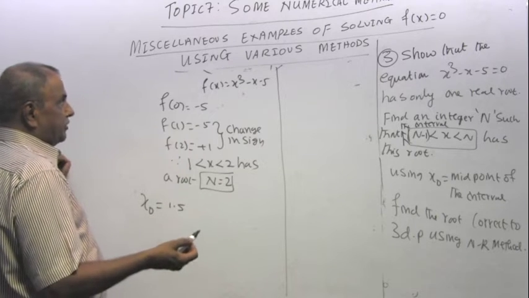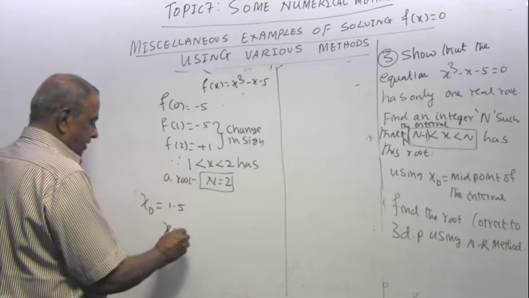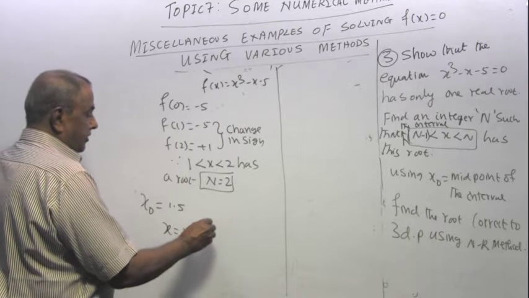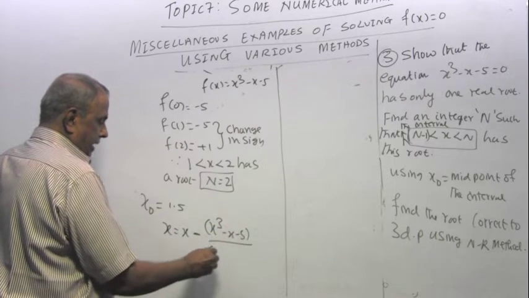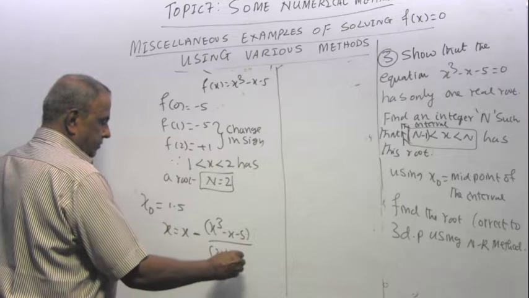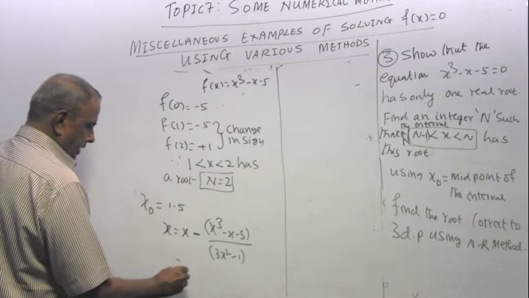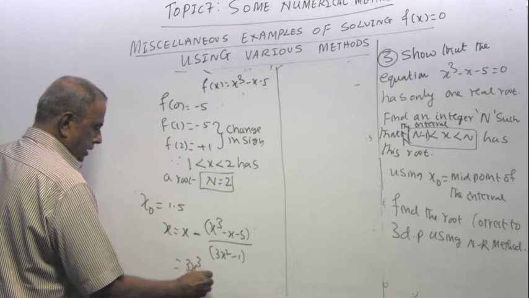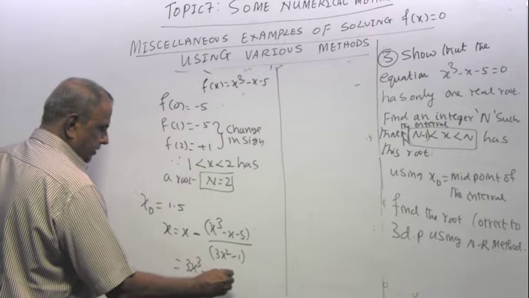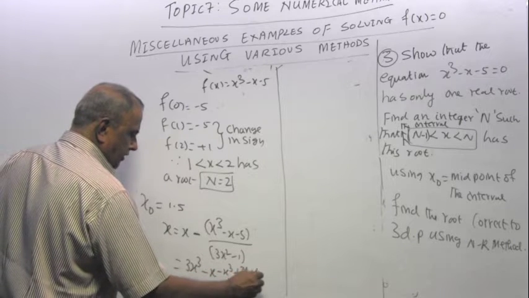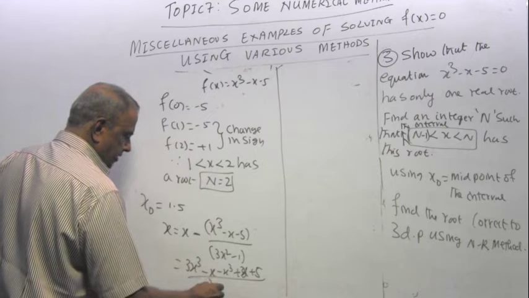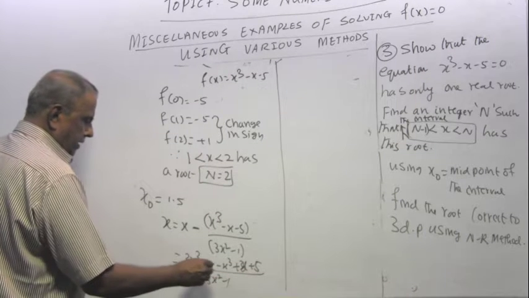I want Newton-Raphson's. What did I tell you? x equals x minus f of x over f dash of x. So that becomes (3x cubed minus x cubed plus x plus 5) over (3x squared minus 1).